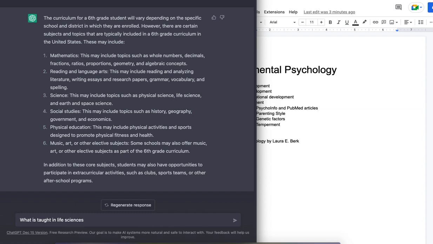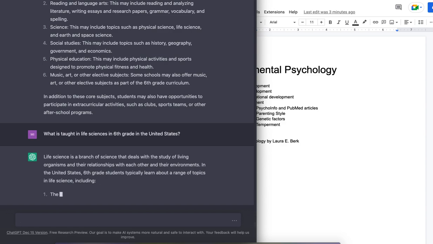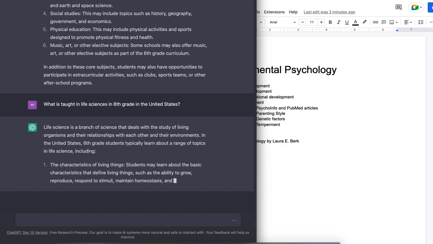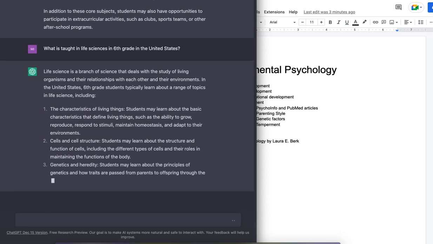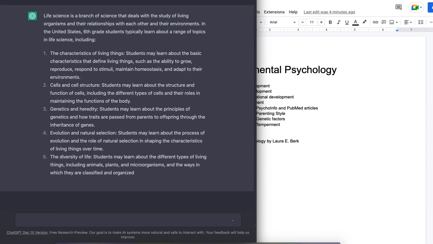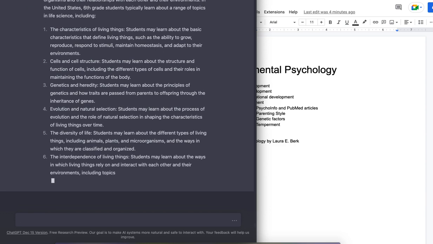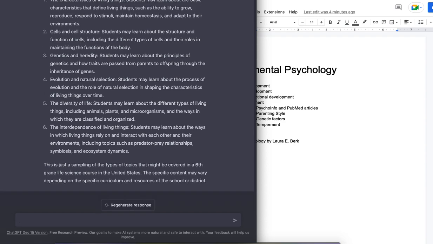Life sciences in 6th grade in the United States. 6th graders will typically learn about the following topics: characteristics of living things, cells and cell structure, genetics and heredity, evolution and natural selection, the diversity of life, the interdependence of living things. So if I'm wanting to teach my own 6th grader, now I know that these are topics taught in 6th grade, but we can break it down.